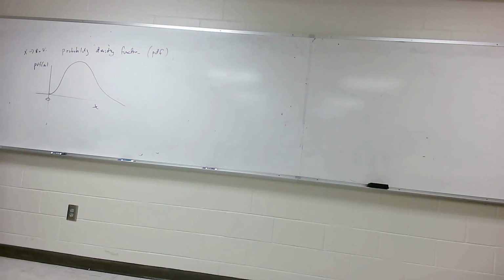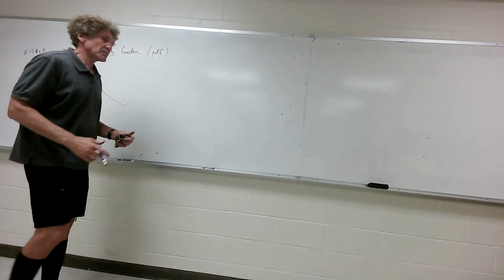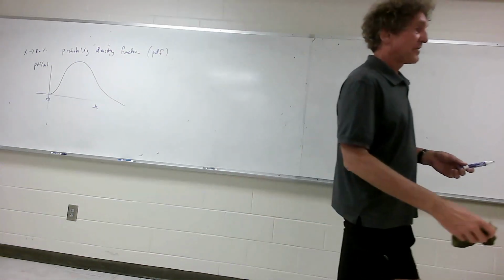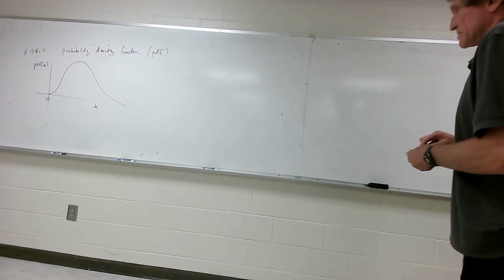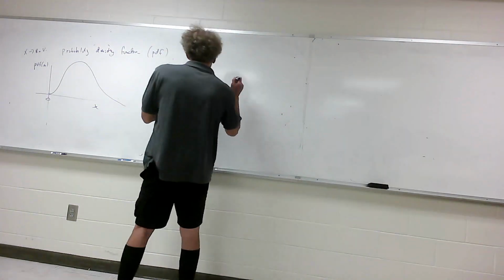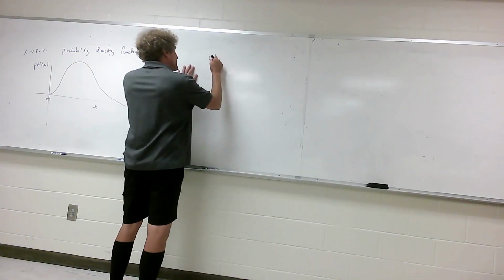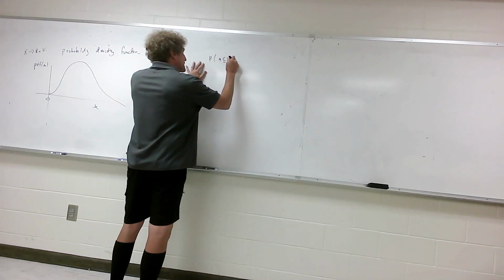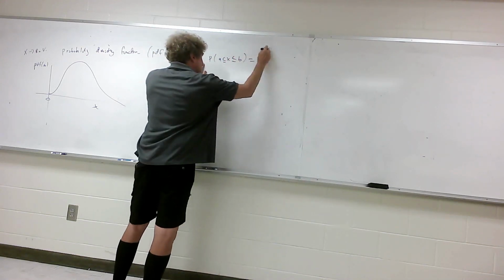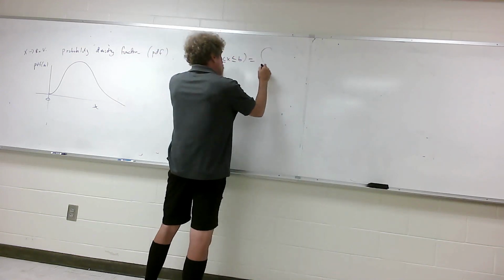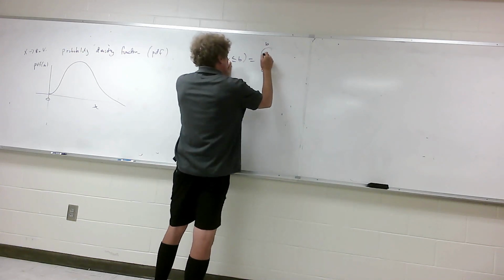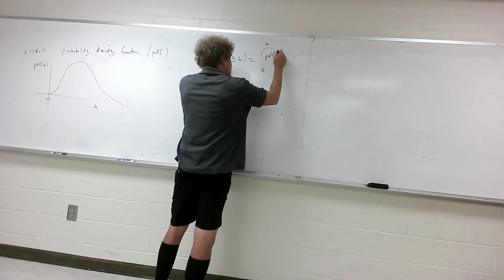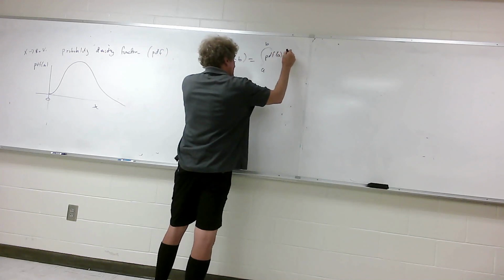The PDF tells me the probability of x being between any two values. Let me just show you what I mean. The probability that x is greater than or equal to a and less than or equal to b is equal to the integral from a to b of the probability density function of x dx.